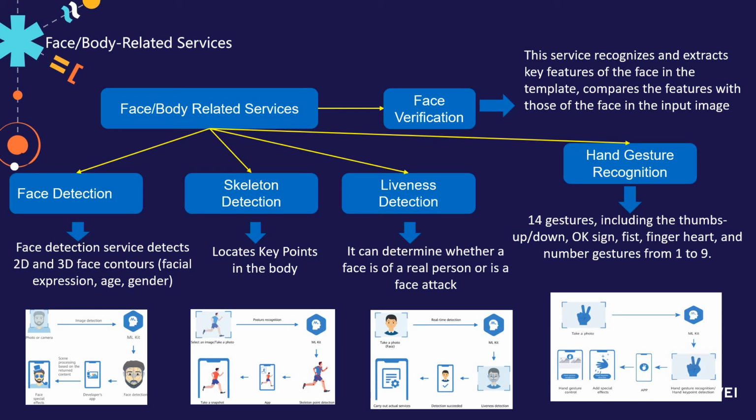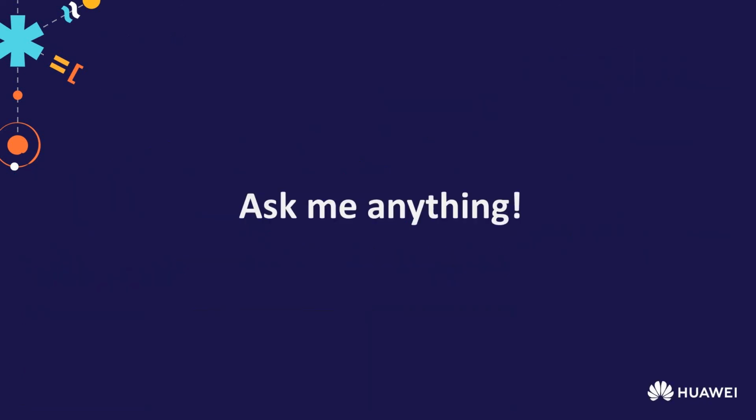All this can be used for you to build some application, say for security, to understand if the person is doing right or not, to understand if the person is healthy or not, to develop a system for gesture recognition and to respond in turn. All these things can be done pretty easily with these face and body related services. Overall, this is a real boon available for you, and there are a lot of things available inside. Please click the link in the description, and you can learn more from that.